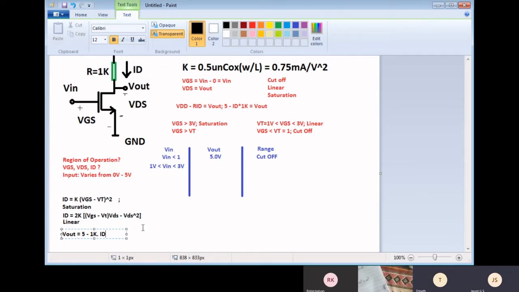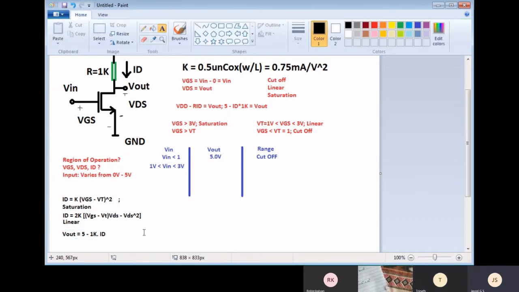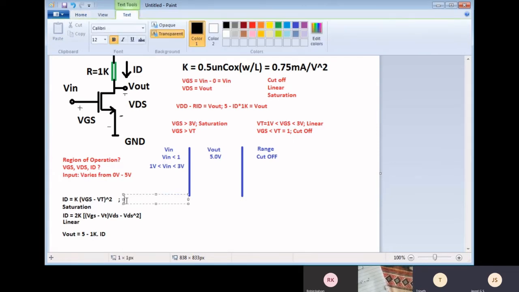So VGS is equal to V in, so you will know the V in value and ID will have K times (V in minus VT) the whole square. So that is ID.